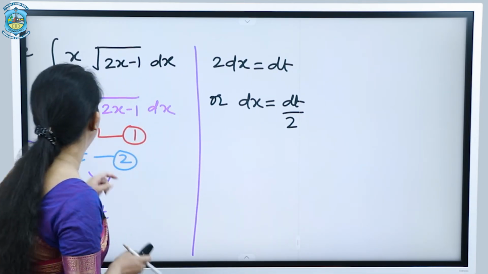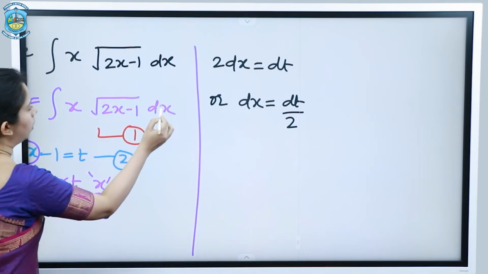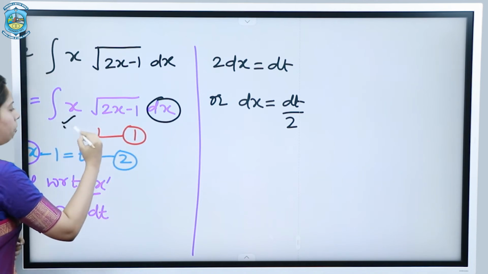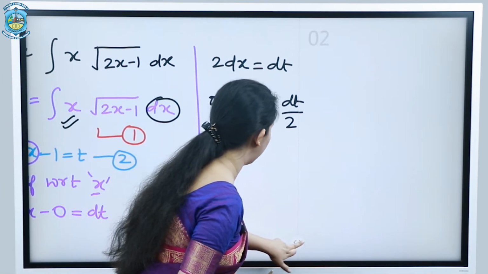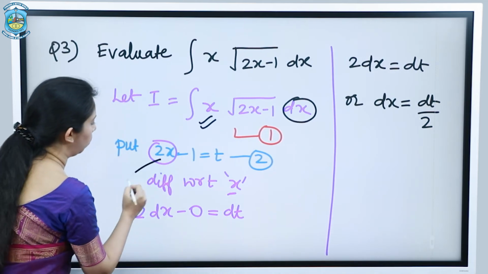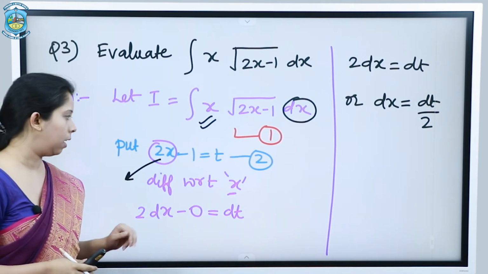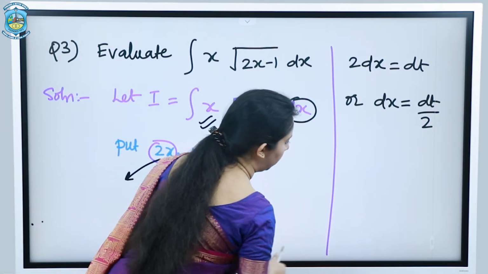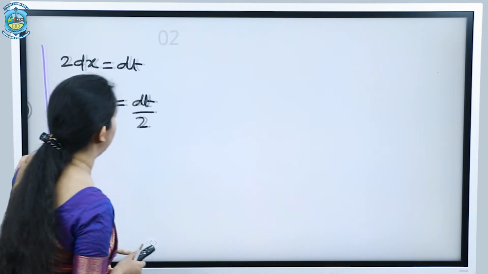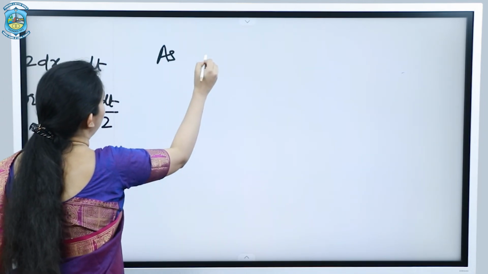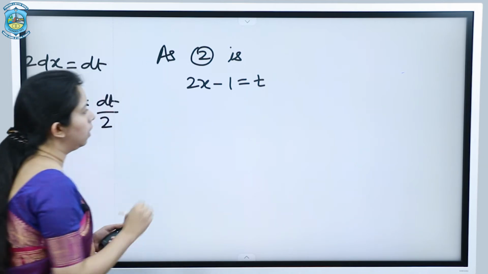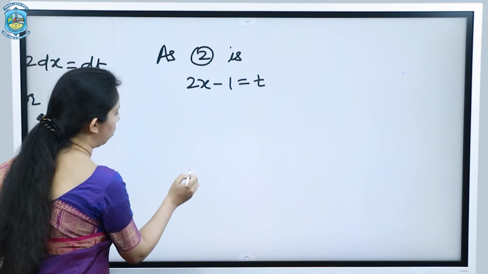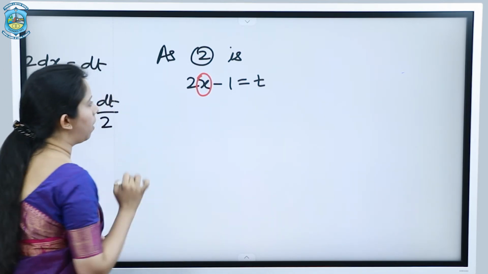Now here we have the value of dx. Now we need the value of x. So from equation number 2, we can find the value of x and substitute it in equation number 1. As our equation 2 is 2x minus 1 is equal to t, from here we will find the value of x.